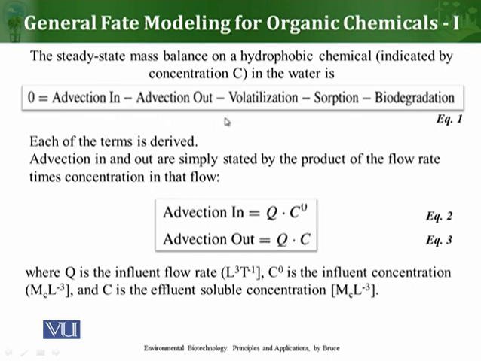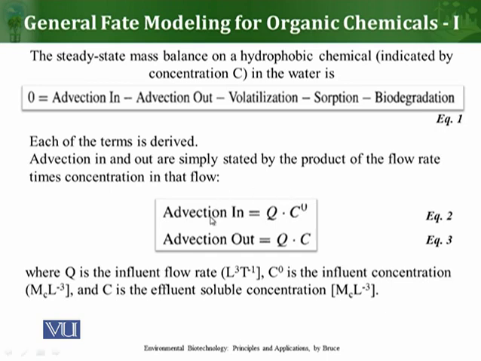Now each of these terms can be derived independently. Advection in and out are simply stated by the product of flow rate times concentration in that flow, that is, the flow rate of the influent and the concentration of the particular hydrophobic chemical compound we are discussing.